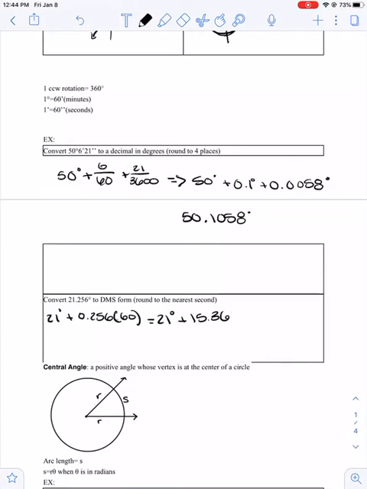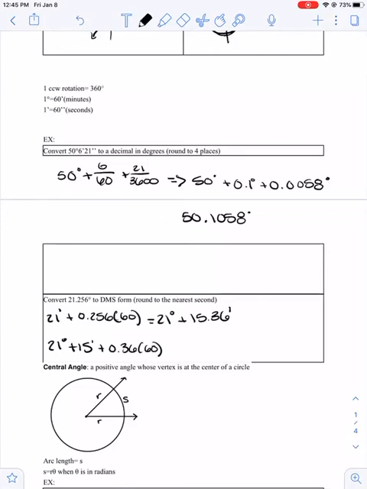It's 15 whole minutes and then 0.36 of that minute. So that's going to be in our seconds category. So we're going to multiply it again by another 60. We have the 21 degrees, and then that whole 15 minutes, so plus 15 minutes. And then we take the 0.36 and multiply it by 60 so we can get seconds.